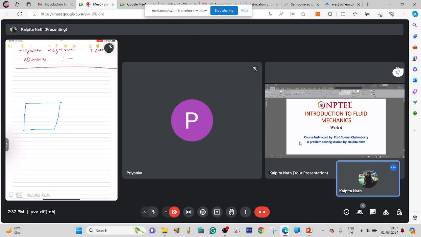and this is delta x, this is ABCD, this is the fluid element, and because of deformation, what is happening is that the new fluid element is coming as this one.